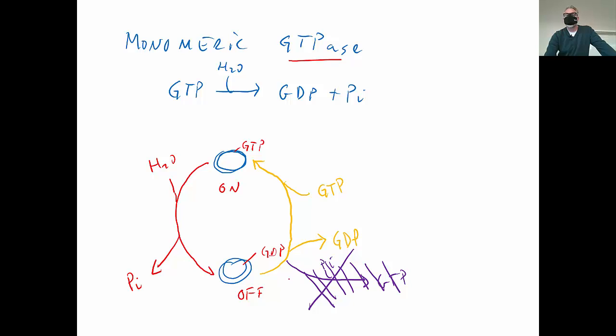I always ask that on exams, and students always get it wrong. Not all students, some. So the GDP is not phosphorylated back to GTP while it's bound to the GTPase. It actually has to get kicked out. It'll be rephosphorylated in another process by another enzyme, but not here.